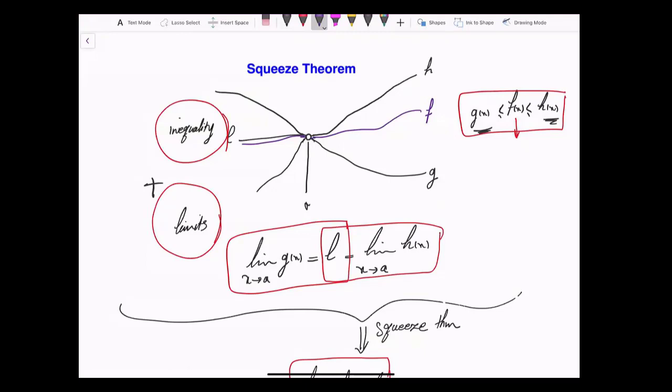But if they are all defined there and they are equal, then they are continuous. Yes, that means they will touch each other. They will intersect. But in general, that doesn't matter. So for example, g and h can have the value of that guy up there, g can have that value down here, and f can be not defined at that point.